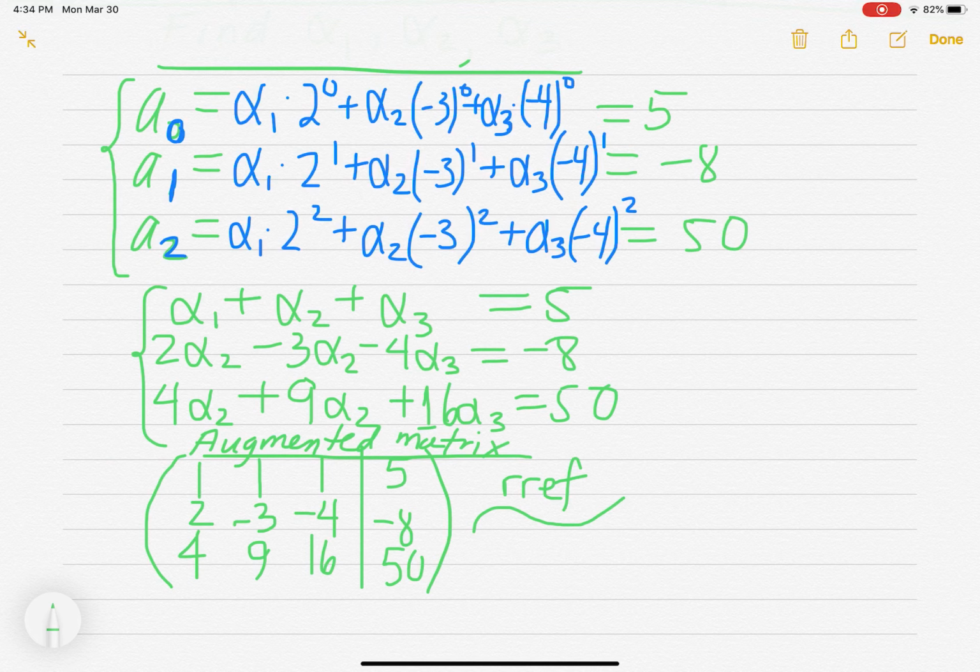Second matrix. Edit. We're going to be doing a 3 by 4.